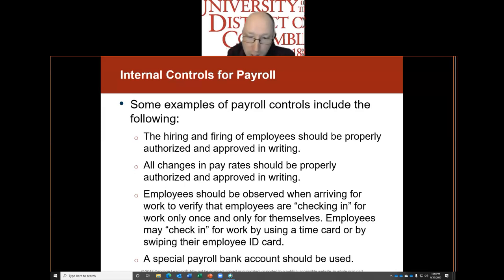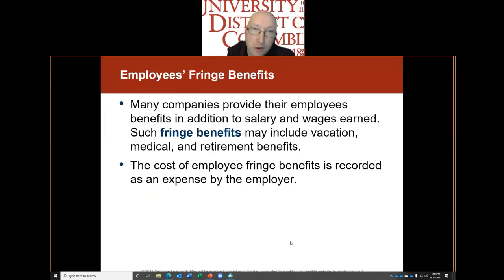You check in, you check out, using your ID card, things like that. Those are all internal control processes to make sure that you're actually working the hours that you say you worked, right? You punch a time card, you clock in, you clock out, that type of stuff. If your salary is a little bit different, your hours are still typically tracked.